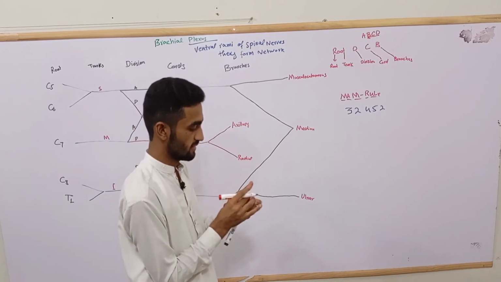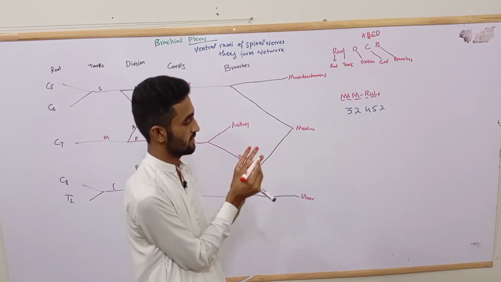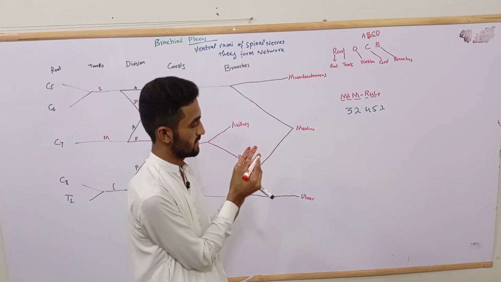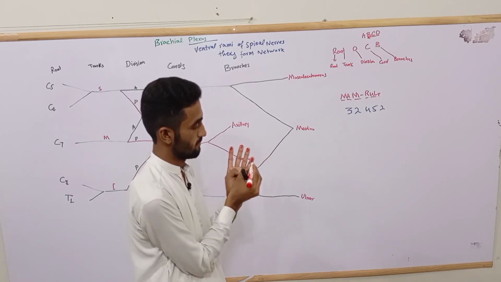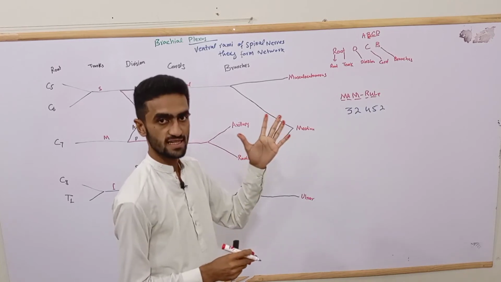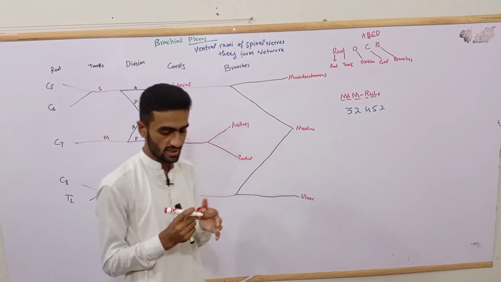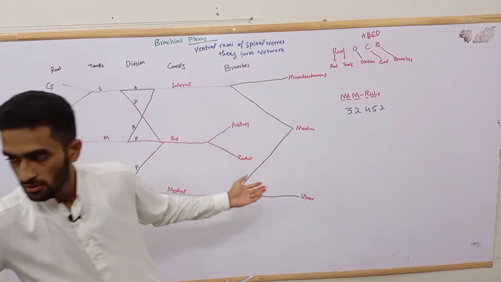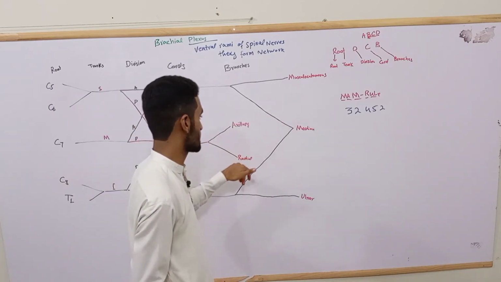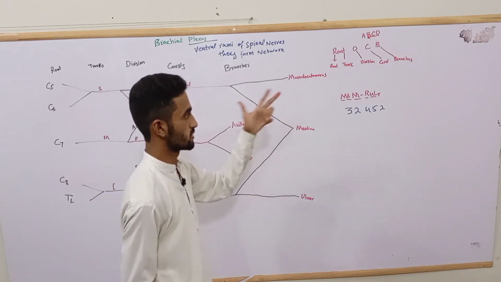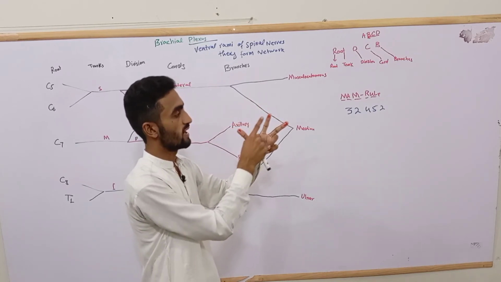So this is C5, this is C6, this is C7, this is C8, and this is T1. Make sense? C5, 6, 7, 8, and T1. Now put this rule right here. I am putting the values for musculocutaneous, axillary, radial, median, and ulnar nerve. So 3 like this. So what is the root value? 5, 6, 7.